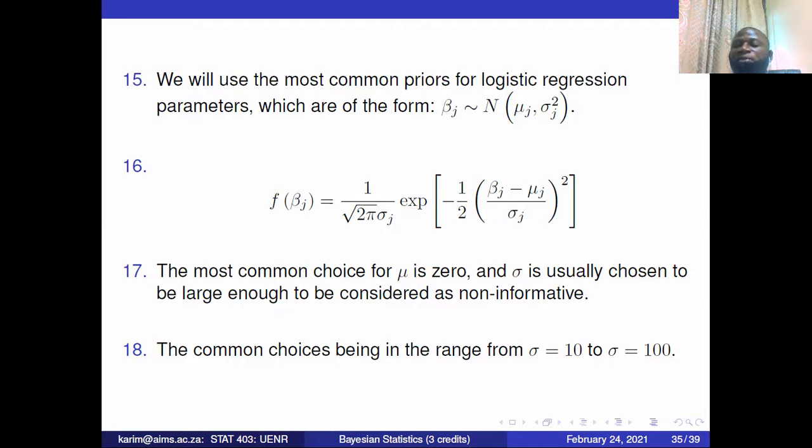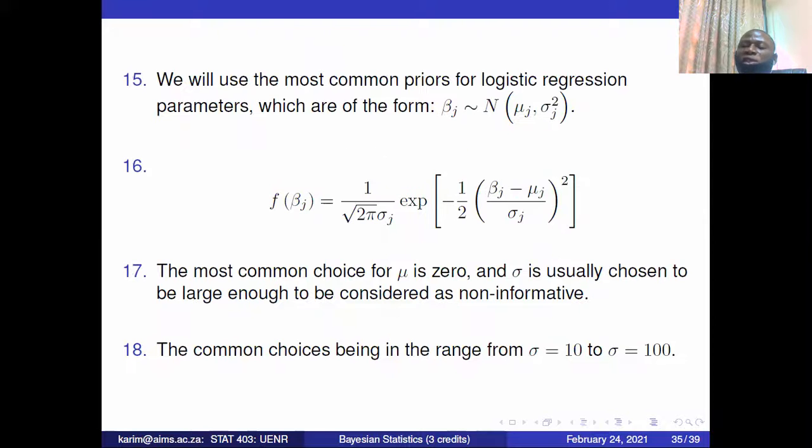So you assume a non-informative prior for that. And then the mean, you can say that it has a mean 0 and a given variance. The common choice, you can choose your standard deviation to be 10 or 100. That is large enough to indicate that you don't have much information about the study you are undertaking.